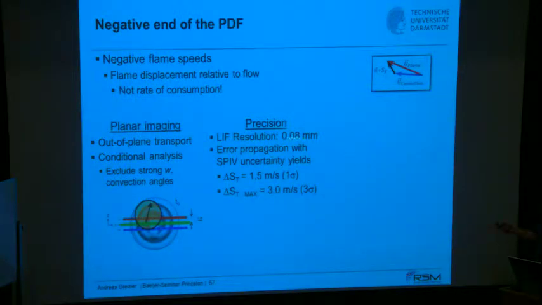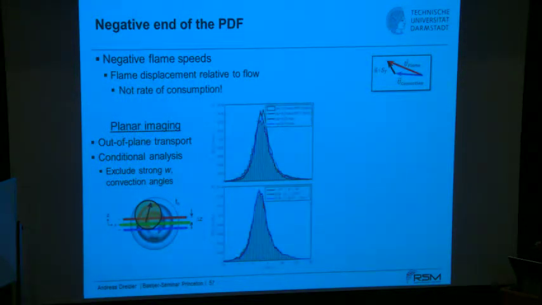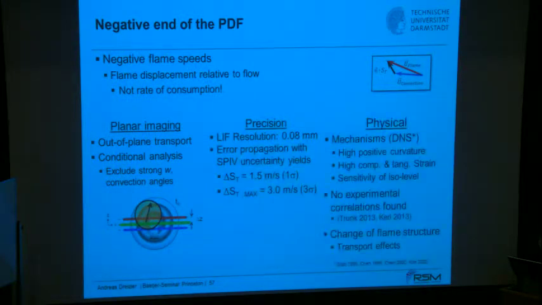Then we did some error propagation, including the stereo PIV, and then came up with that. We have a 1 sigma standard deviation of 1.5 meters per second. And the maximum here, let's say for 3 sigma, is 3 meters per second. Even if you account for this worst case, 3 meters per second would not remove that negative end in the PDF. So that must be true.